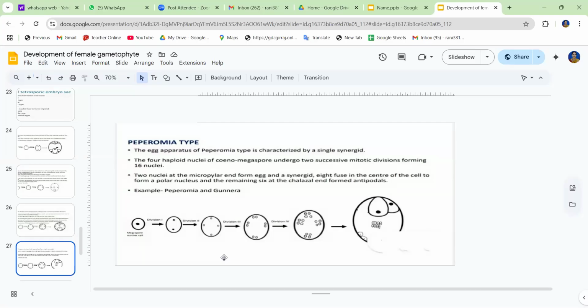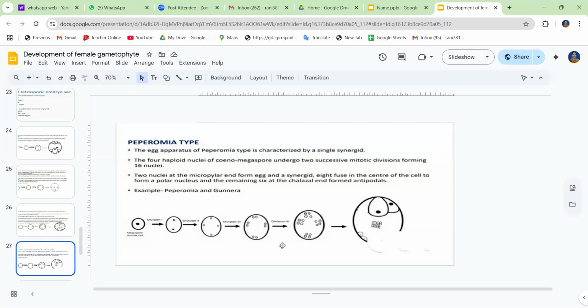So the 2 nuclei at the micropylar end form an egg apparatus and synergid. And 8 are fused to form the secondary nucleus, and the remaining 6 nuclei are cut off at the periphery of the embryo sac. You can observe here 1 to 2, 2 to 4, with 4 arranging in the upper, lower, and 2 lateral sides.